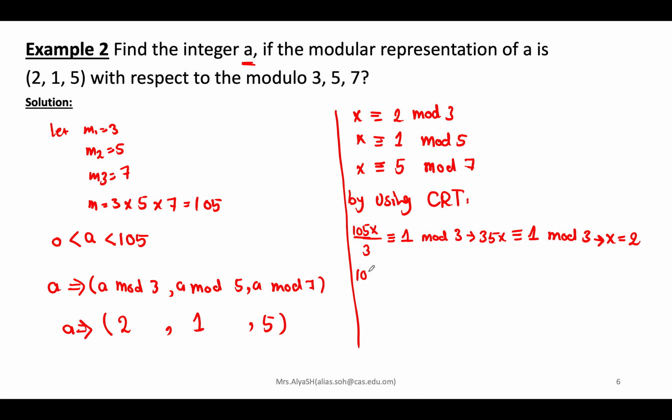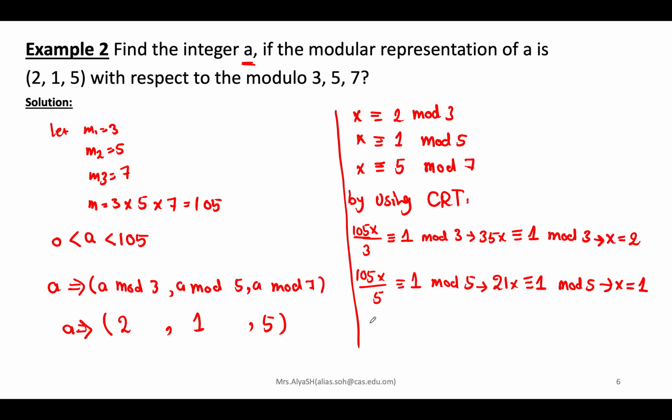Then we have 105/5 times x is congruent to 1 mod 5, and here when I divide 105 by 5, I get 21x is congruent to 1 mod 5, and here x is equal to 1.